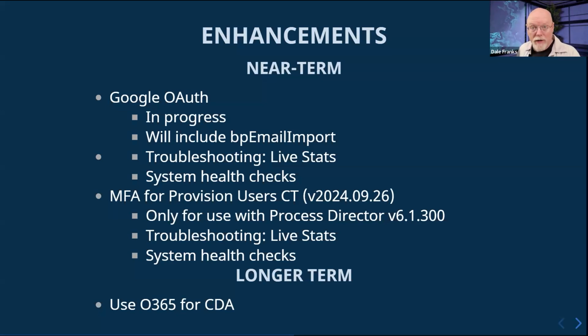Now, the old custom task will work on 6.1.300. It'll work just fine. The only thing you won't be able to do with it, of course, would be to turn on MFA when you provision a user.